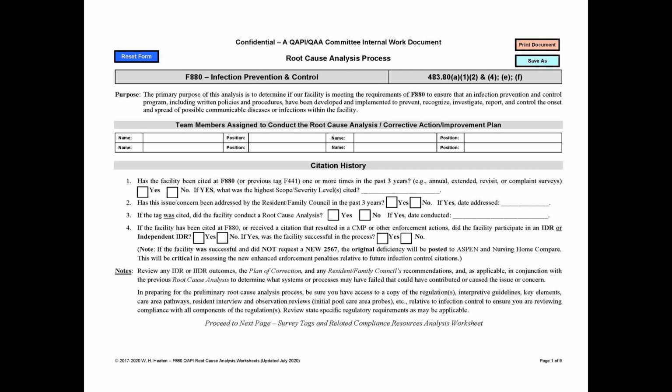What was the result of it? And if you were successful and you did not request a new plan of correction and submit a new plan of correction, then the original deficiency is what's posted on Nursing Home Compare. So what that's saying in the IDR rules is if you do not request a new plan of correction and sign it and submit it, then your original deficiency is posted.